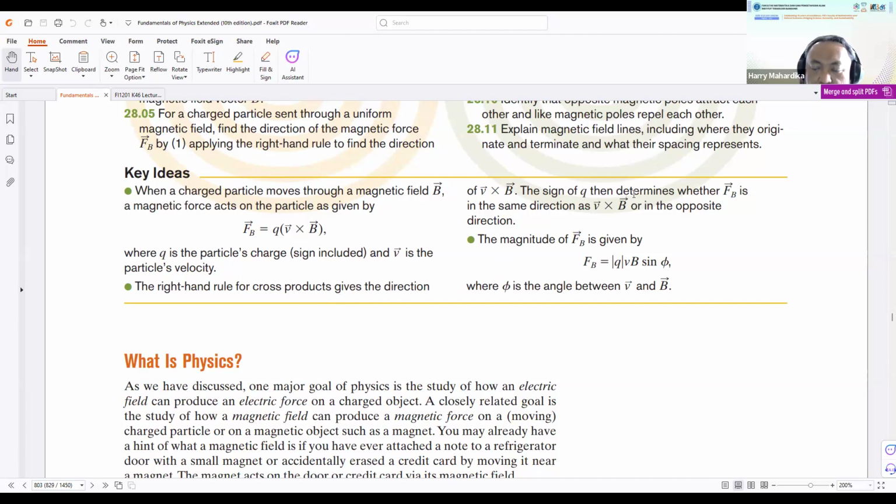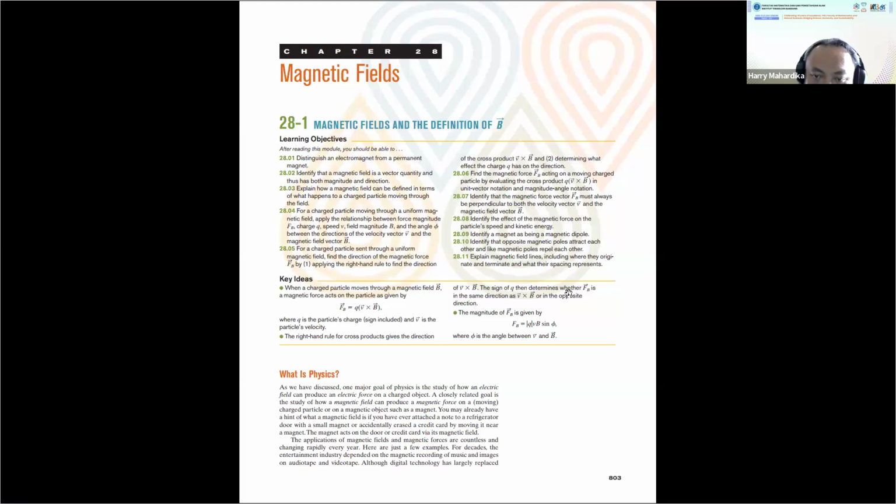The sign of Q, the sign of the particle's charge, then determines whether the magnetic force is in the same direction as the product of v cross B or in the opposite direction.